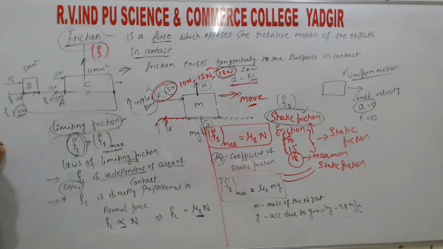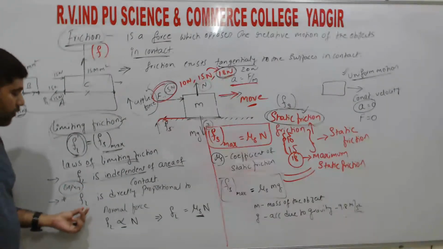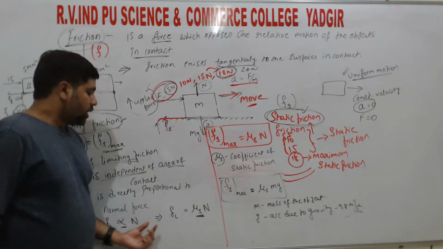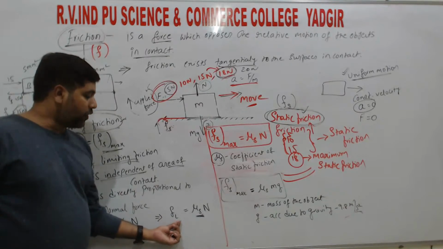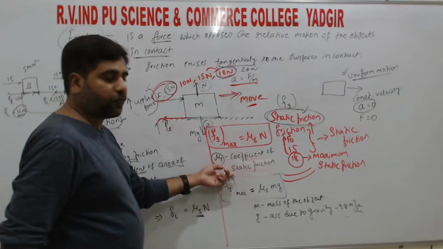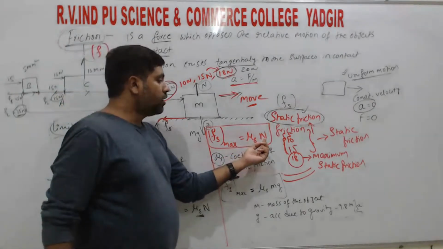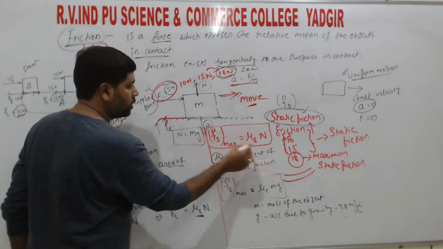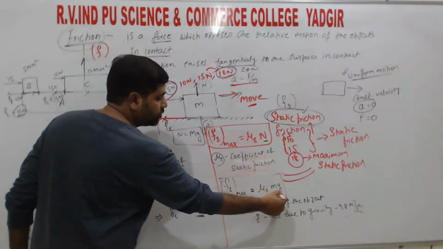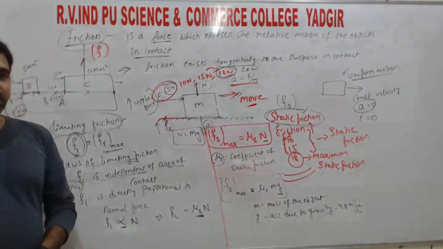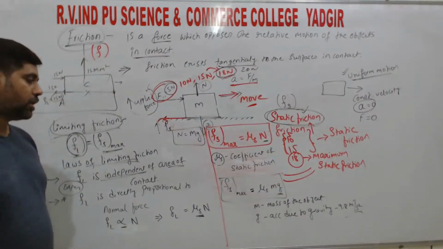FL is directly proportional to the normal force, and if you remove the proportionality, we get FL is equal to mu s N, where mu s is the coefficient of static friction, right? So again we have N is equal to mg. Just substituting N is equal to mg, we get Fs maximum is equal to mu s mg, right?